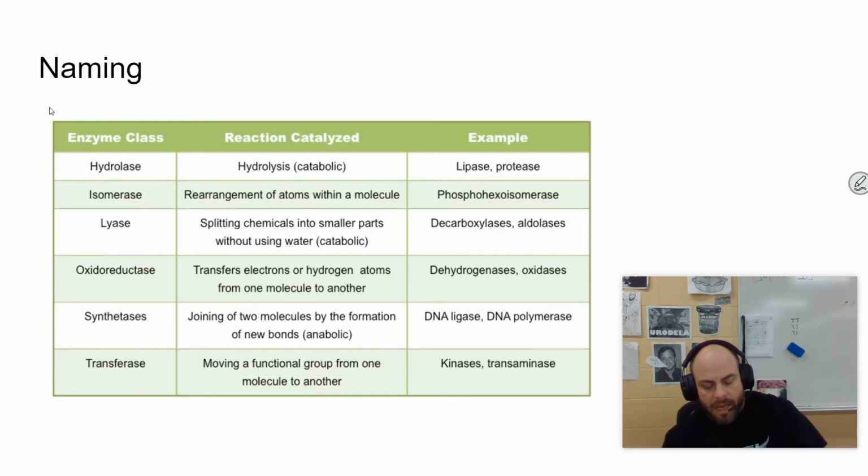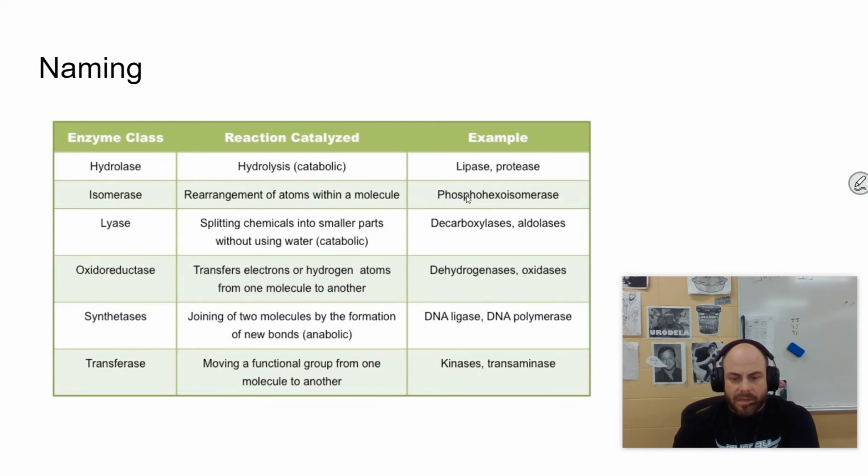The name of an enzyme is often indicated by the substrate or the chemicals that are involved, and most enzymes will often end in this ASE suffix. There are obviously exceptions to that, but anytime you see this ASE, it is telling you something. It's telling you that this is an enzyme, and typically the first part is telling you what it does. Like lipase or protease. These are breaking down lipids or proteins.